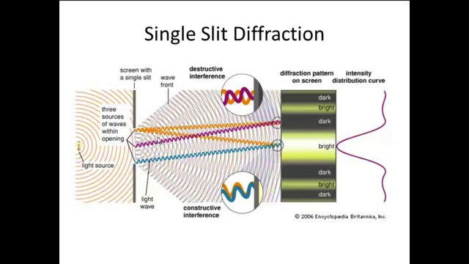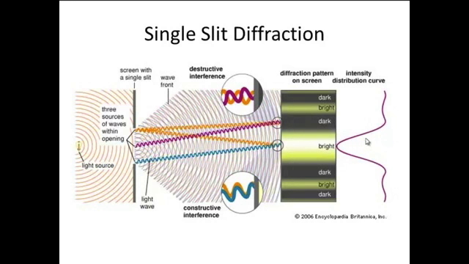If we allow this light to project out to a screen at a set distance away, we get both constructive interference, the bright areas, and destructive interference, the dark areas.